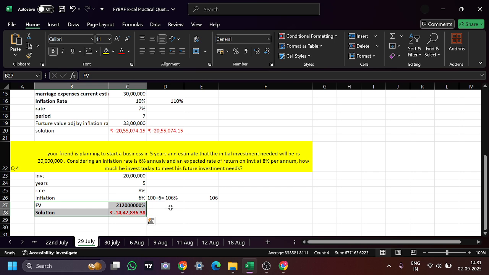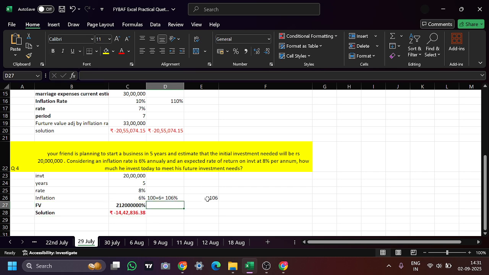Done. So let's go like this. You have already got this value. The inflation rate is 6%, so 100 plus 6 will be 106. Okay. So the future value will not be the 20 lakhs, it will be 21 lakhs. Done.